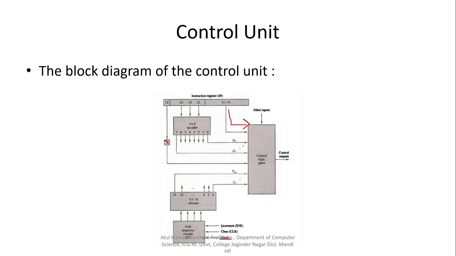So we have D0 to D7 as the output of the decoder 3 into 8, and T0 to T15 as the output of the decoder 4 into 16, that are applied as input to the control logic gates, and control signals are generated according to the control inputs that are generated with the help of these decoders and the sequence counter.